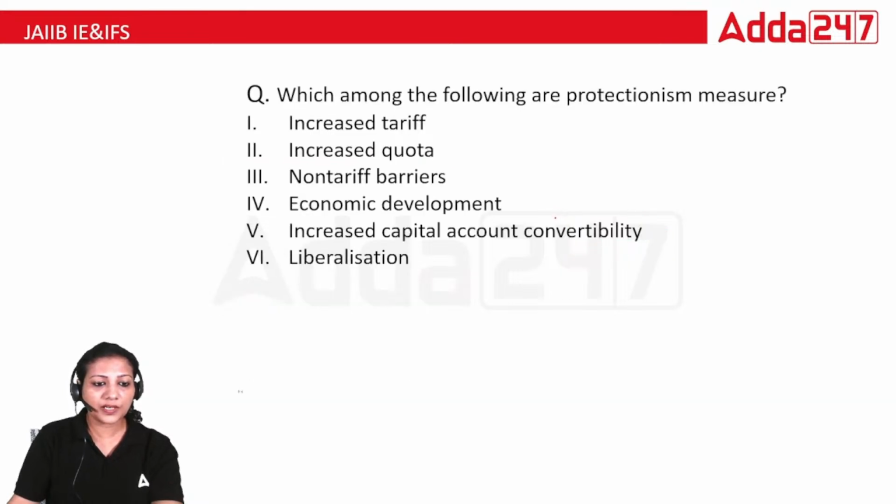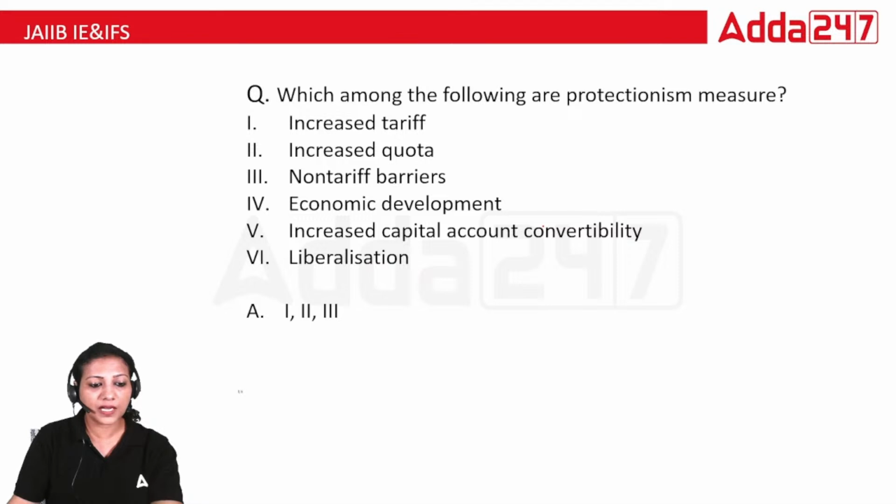The question is, which among the following are protectionism measures? Increased tariff, increased quota, non-tariff barriers, economic development, increased capital account convertibility, or liberalization.